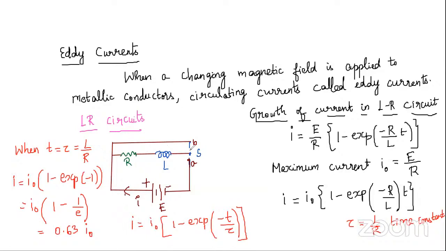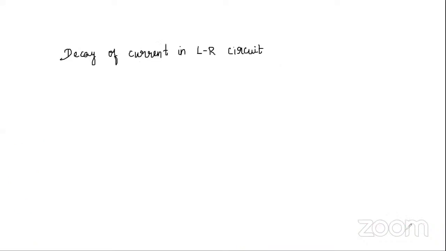Here the change is that the current through the circuit is decreasing, and due to that EMF is generated in the inductor such that it opposes the fall of current. It opposes the decay of current. Due to that, the rate of decay of current is reduced here. Exactly the opposite effect: in growth, the rate of growth of current in the LR circuit is slowed down due to the inductor coil, while in decay, the rate of decay of current is reduced due to the presence of the inductor coil.